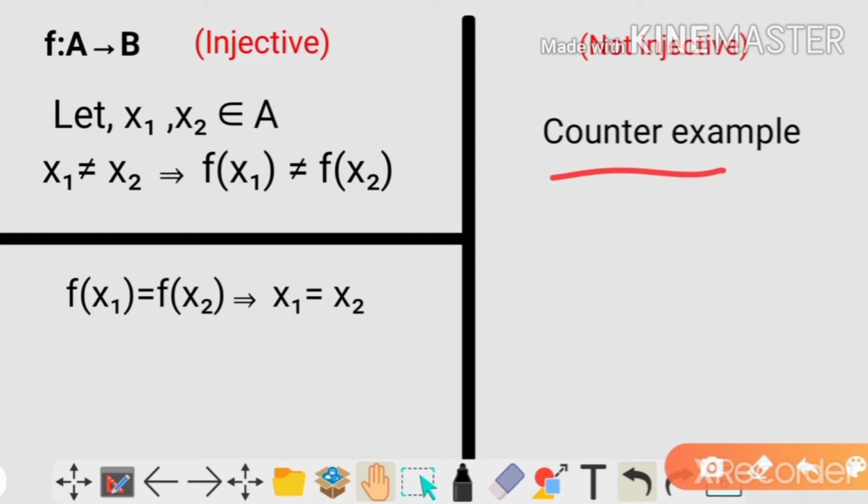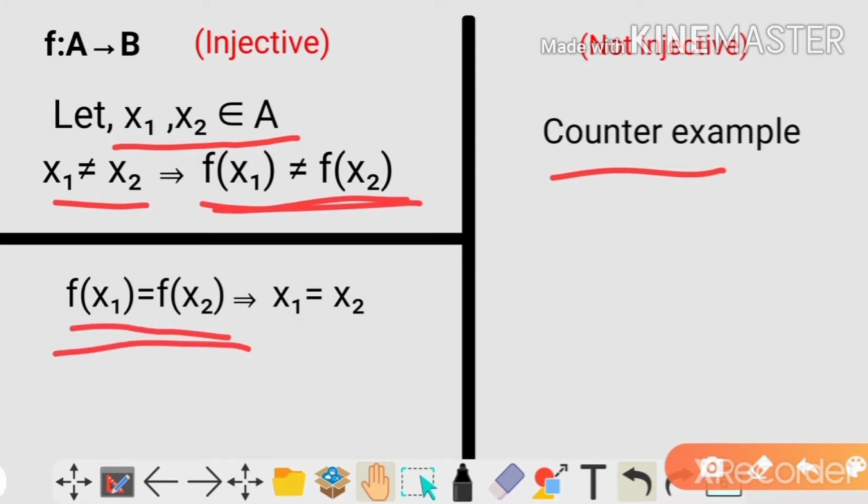First, you take 2 points from the domain set, and suppose they are distinct, they are not equal, then you need to show that their images will not be equal. And if you take 2 image points from the codomain set, and let them be equal, you need to show that their pre-images will also be equal. Okay, so these are the methods.